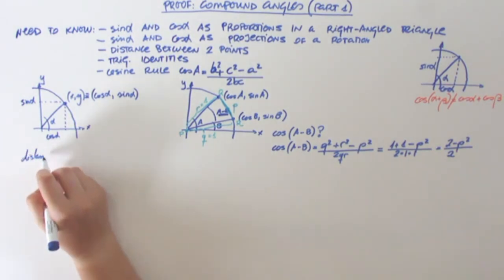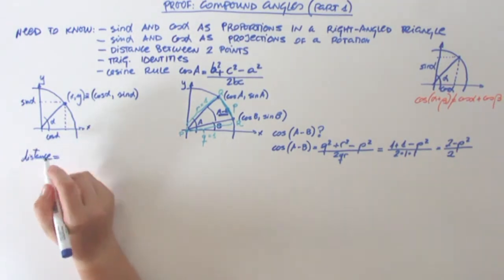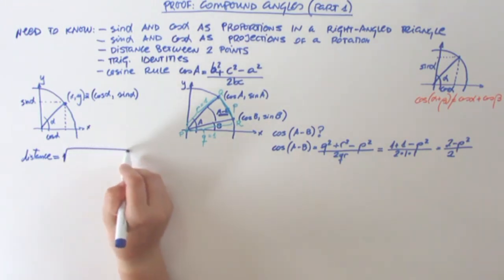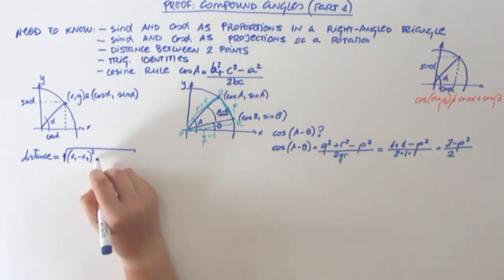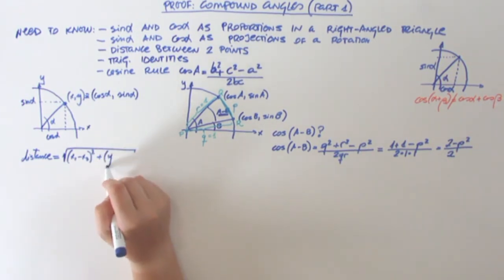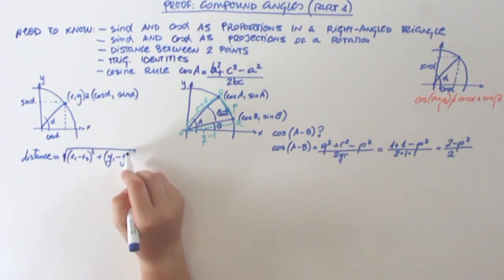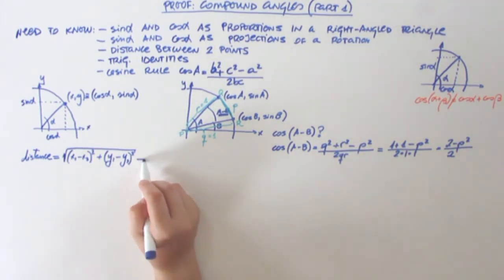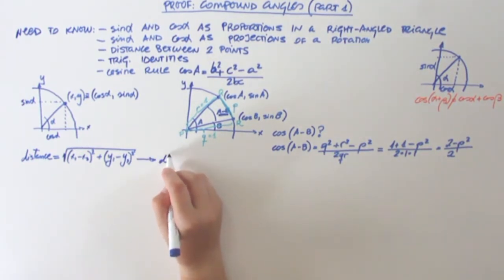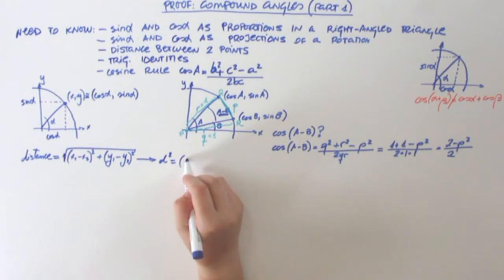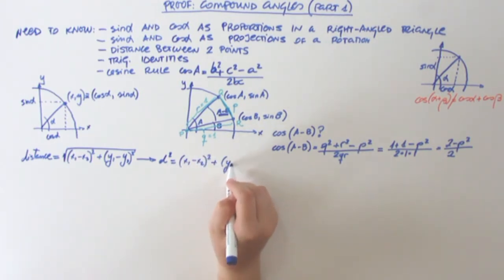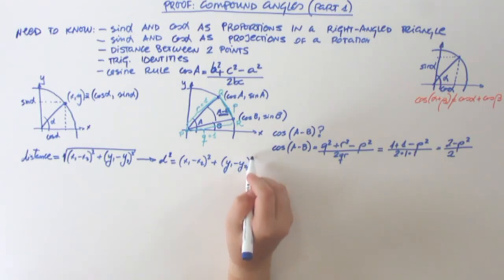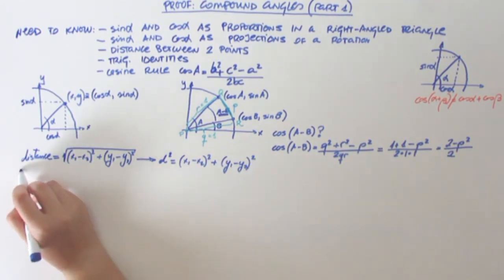Because I have to find that distance, I know how to get the distance between 2 points: the square root of the difference of the x coordinates squared plus the difference of the y coordinates squared. And since I need P squared, I can think of the formula of the distance squared as x1 minus x2 squared plus y1 minus y2 squared.